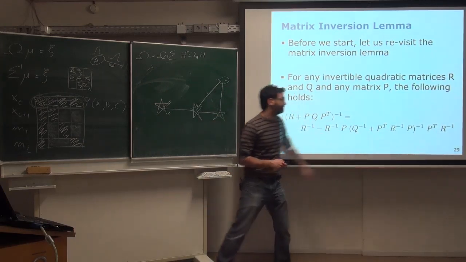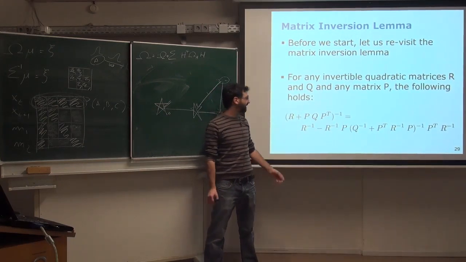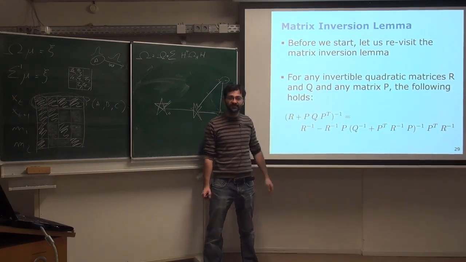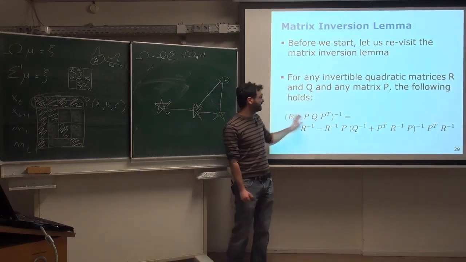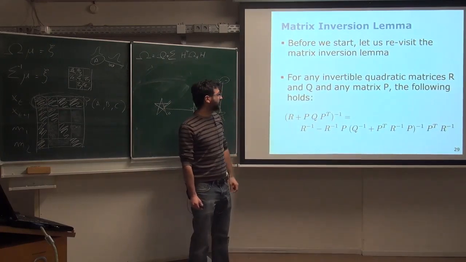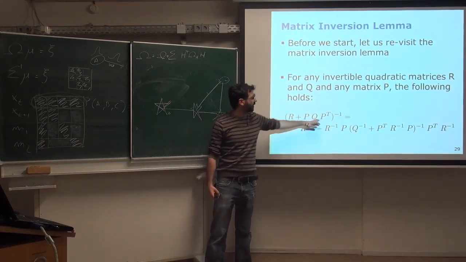I'm not going to prove this, just take it for granted. If you want to get more info on why this is true, you can just go on Wikipedia. There's a nice page on that and how you can actually end up with this equivalence. But for our interest, we just need to know that these things exist and that we will exploit this form.